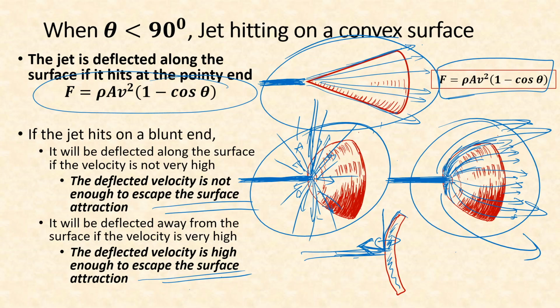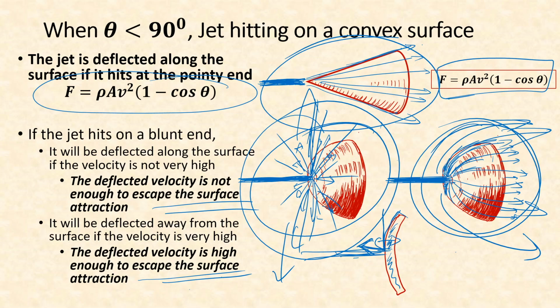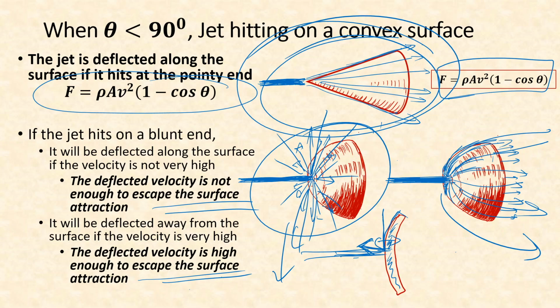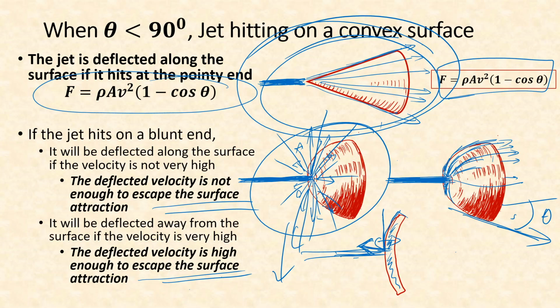If it is deflected like this, in this case the force will be more, almost equal to what we had with a flat plate. But in this case it will be somewhat comparable to this case, and you will have to find out what these angles are. Suppose if this is the final direction, what is this angle that will bend. Otherwise in this case the angle is almost 90 degrees.